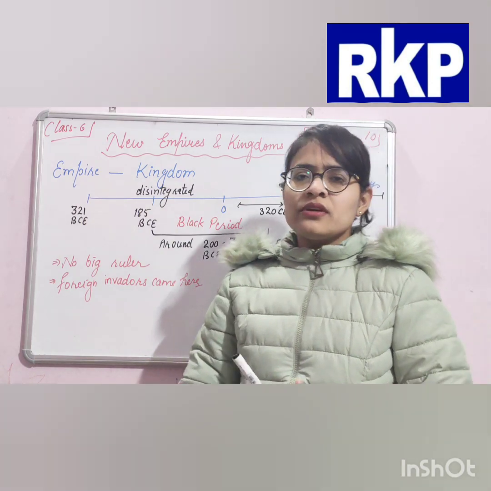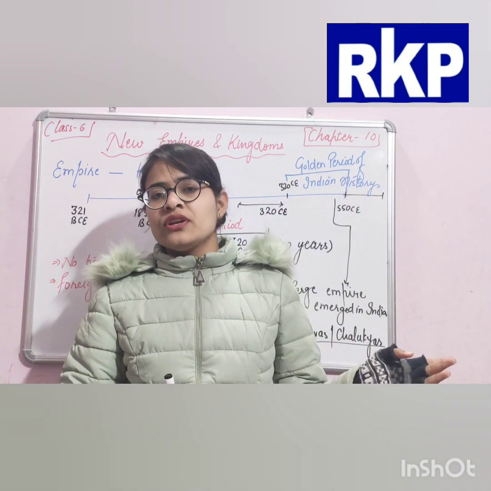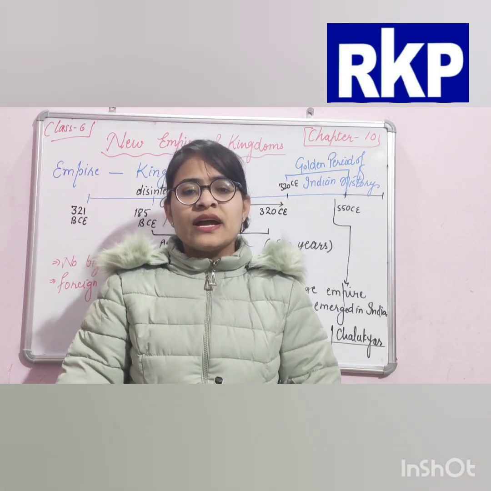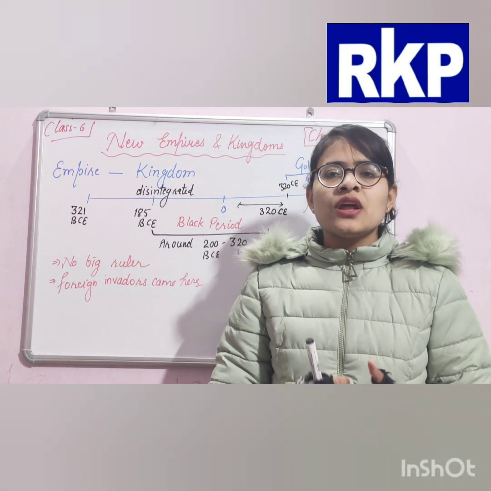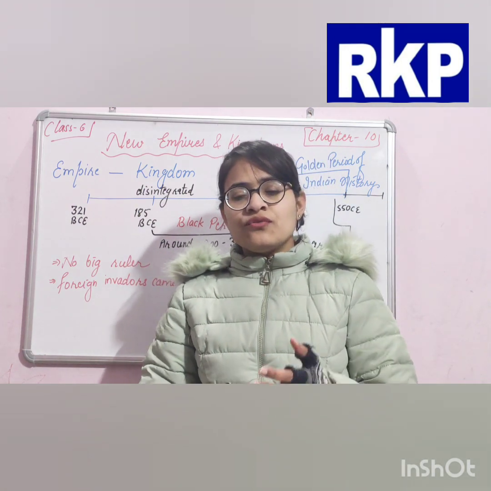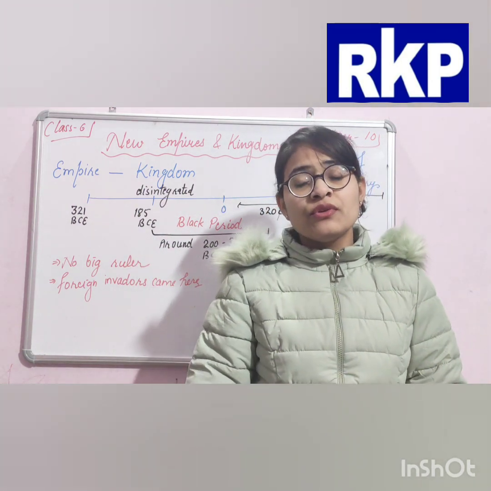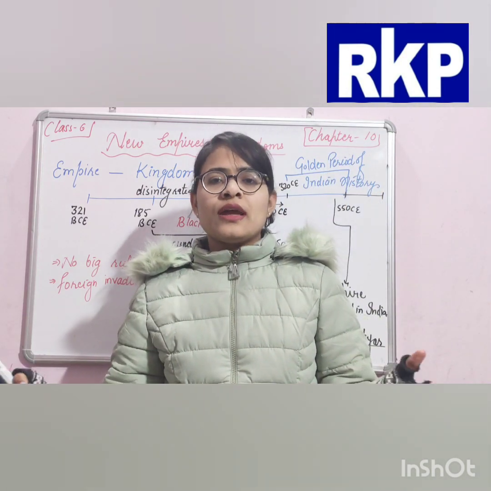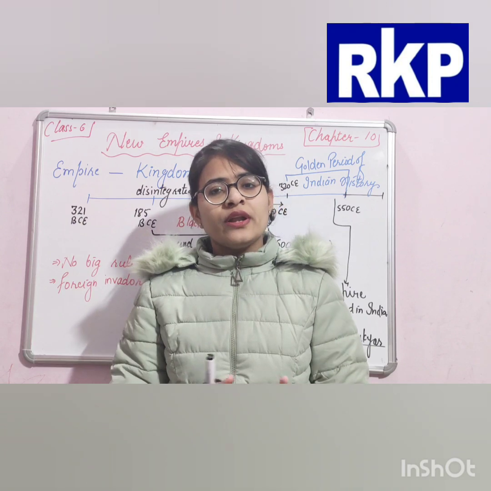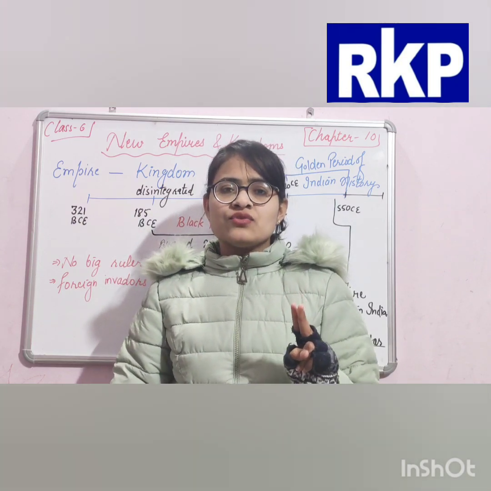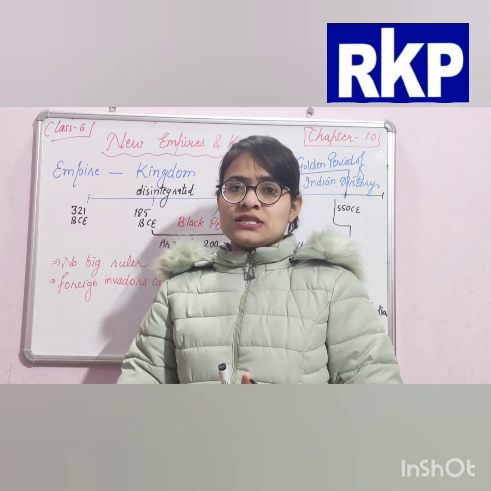Now, I told you right now, in the previous chapter we discussed the Mauryan Empire and the developments made in that time period. Now, what will we read in this chapter? We will learn about the period after the Mauryan Empire. After the Mauryan Empire, two kinds of empires flourished and were established.